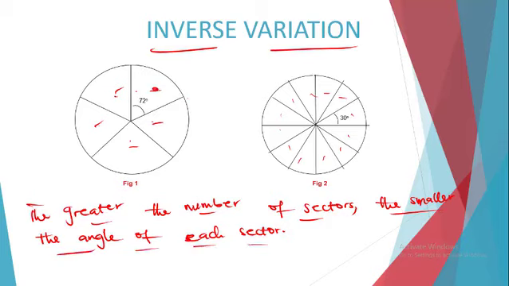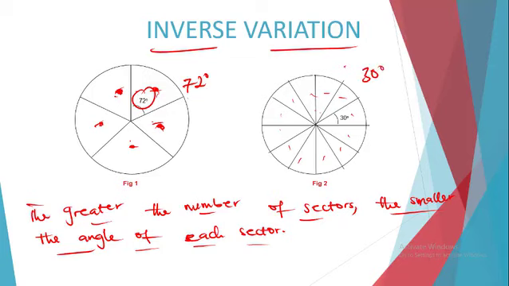In illustration 1, we had what? 5 sectors, and 360 divided by 5 gave us 72 degrees. That's how we got this 72. But in the second diagram, we increased the number of sectors to 12. So we now have 360 divided by 12, which will now give us what? 30 degrees.